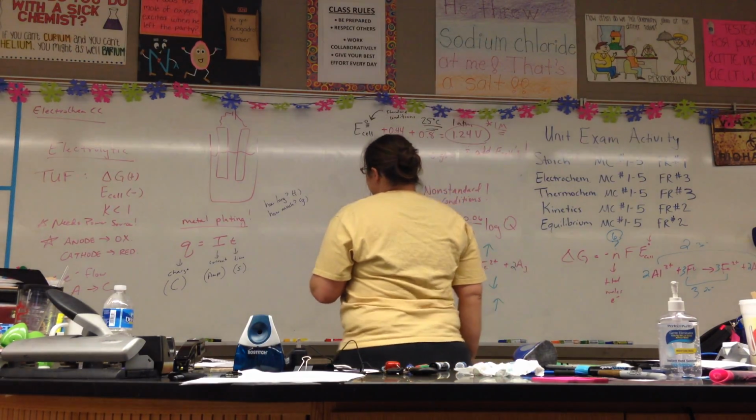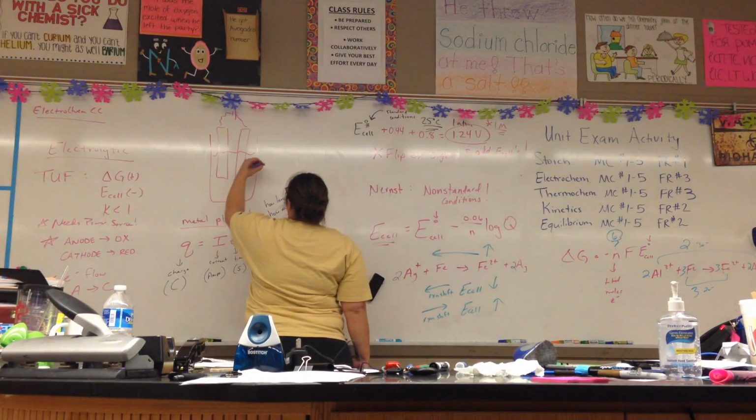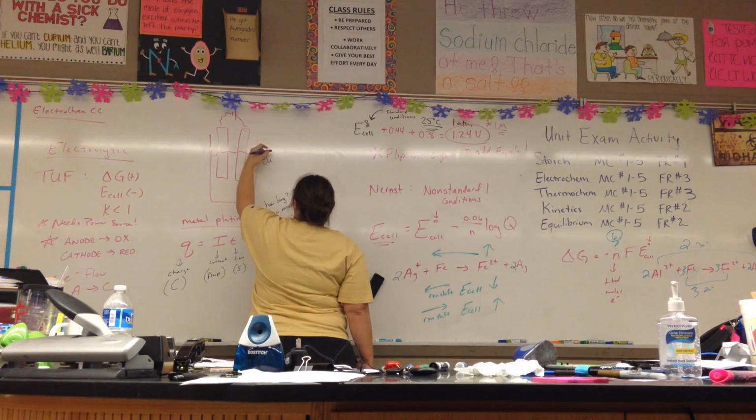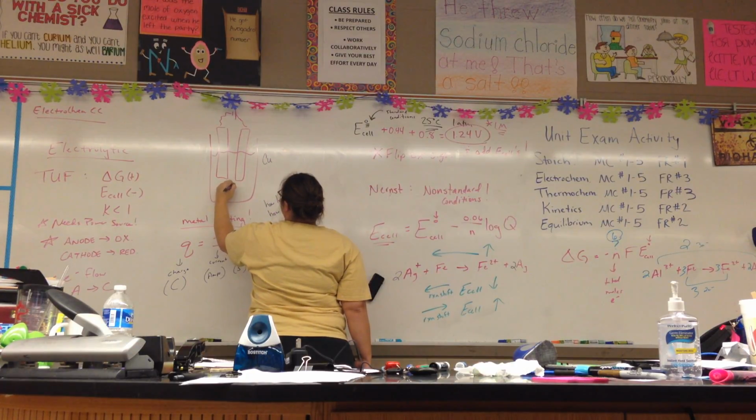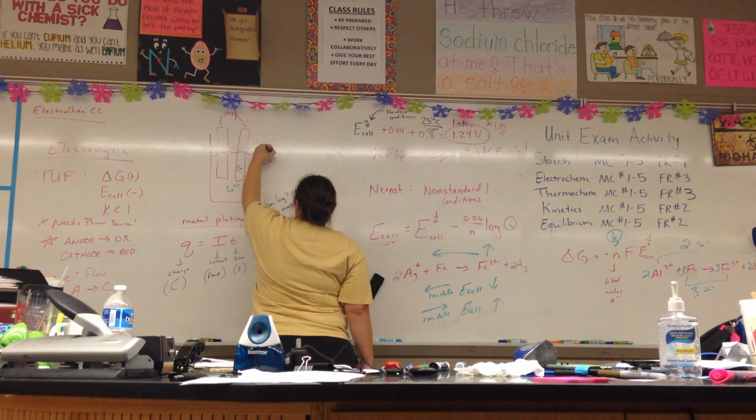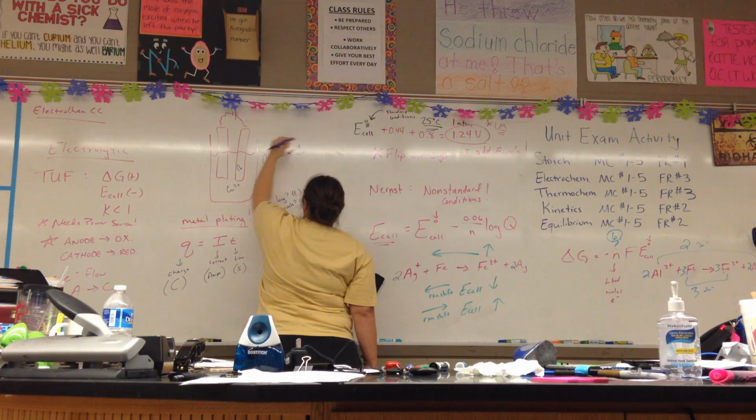So, let's say that we have copper that we're plating. So we have copper 2 plus solution in here, and we're trying to plate copper. So copper 2 plus is going to copper solid.